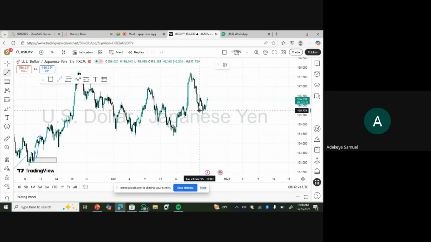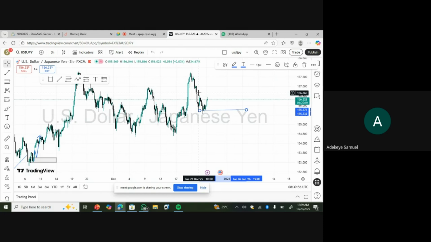Let's say this is the entry level, because on a trade we have entry points, targeting points, which are the take profit points, and we have stop loss. Let's mark this zone out as our entry point.